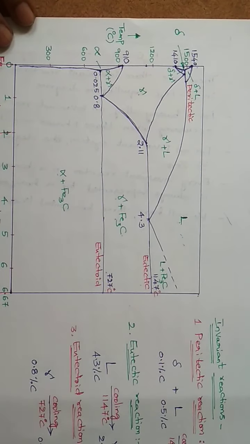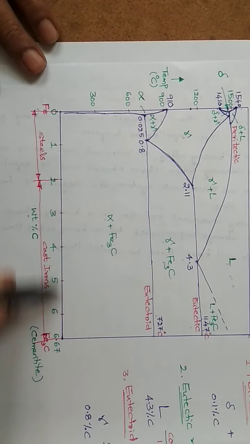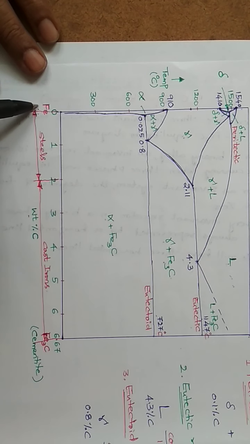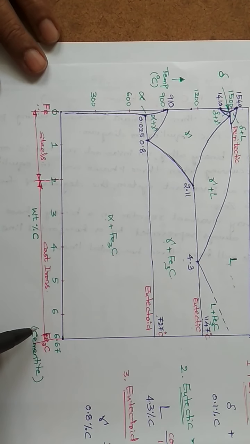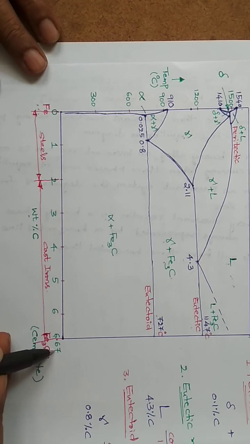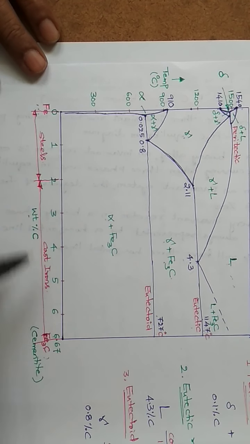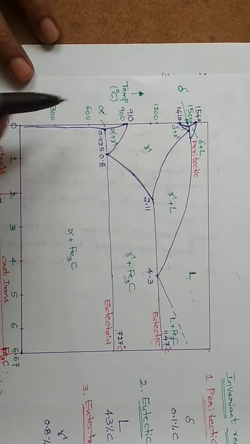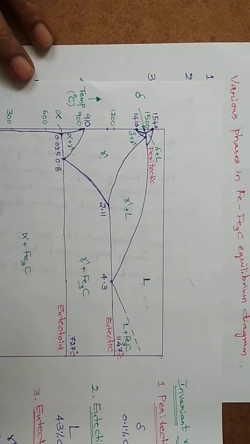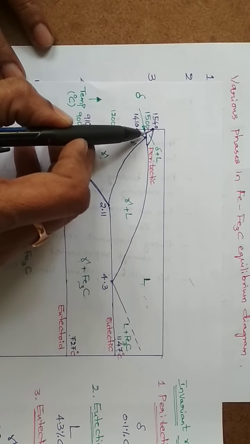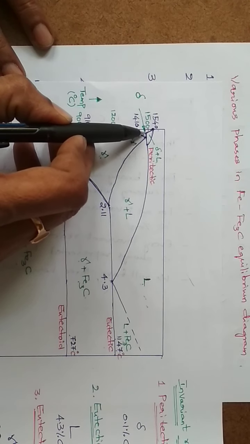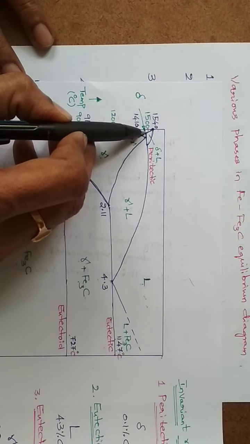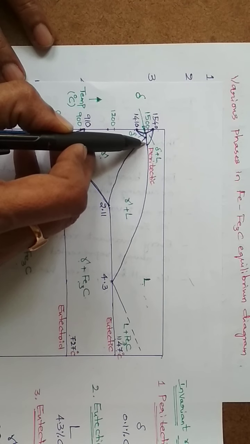So how did we construct the phase diagram? On the x-axis we have Fe, iron, on the left side, and carbon. Carbon reacts with iron and forms a compound Fe3C. The maximum amount of carbon that can be dissolved in iron is 6.67. So on the x-axis we have weight percentage carbon, and on the y-axis we have temperature. At 1494 we have drawn a line. This line starts at 0.1% carbon and ends at 0.5% carbon.